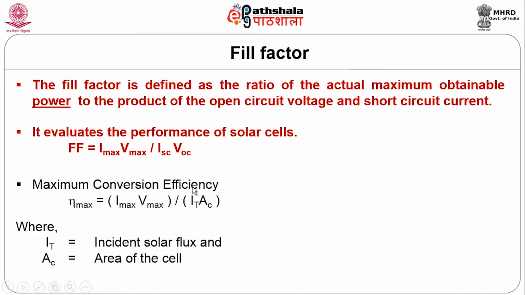Maximum conversion efficiency is I max V max divided by I suffix T and A suffix C. I suffix T is the incident solar flux, and A suffix C is the area of the cell. And this is about the fill factor.